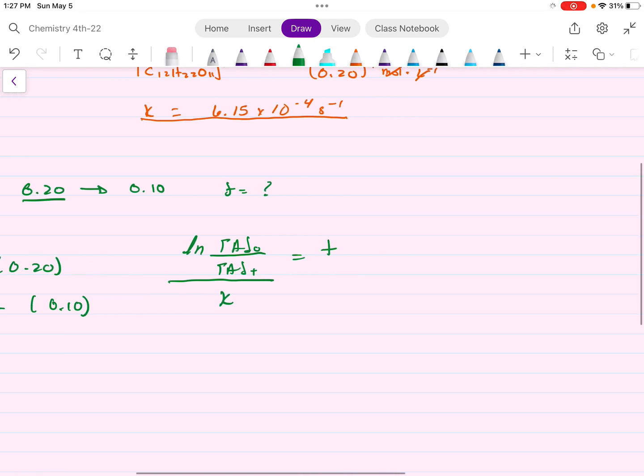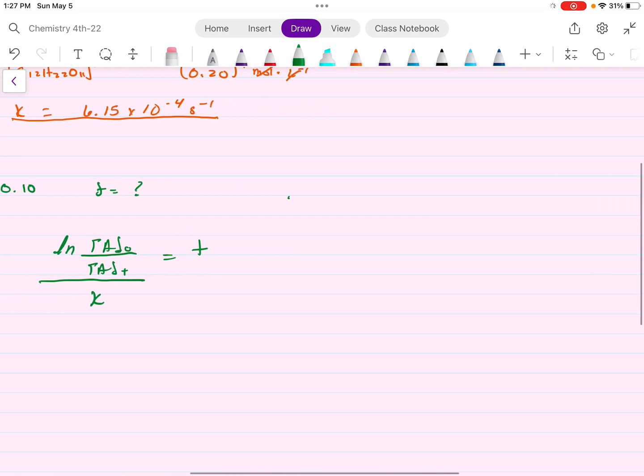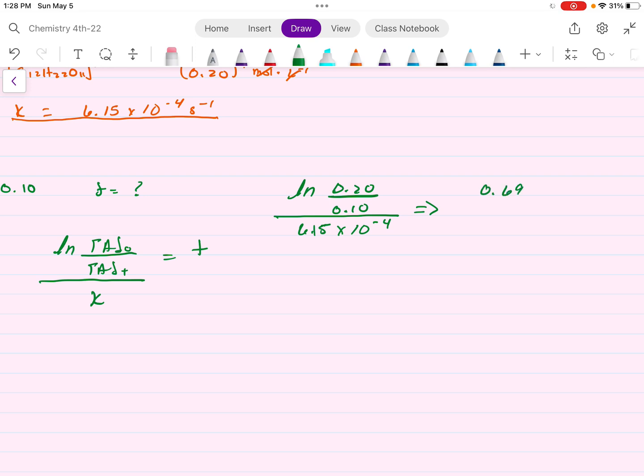So let's go ahead and plug everything in, right? So I'm going to take the natural log of 0.20 divided by 0.10. Then I'm going to divide all of that by my K, which is 6.15 times 10 to the negative 4. Okay, so let's simplify this. Natural log of 0.20 divided by 0.10, that's going to give me 0.6931.